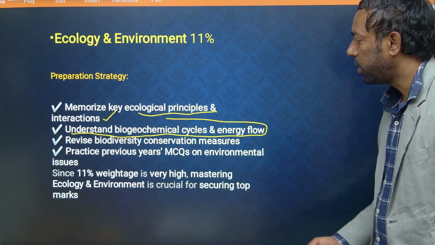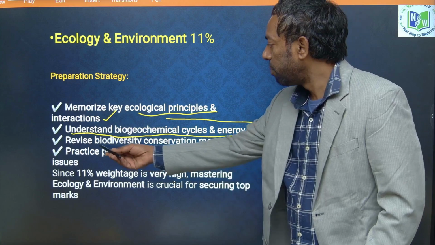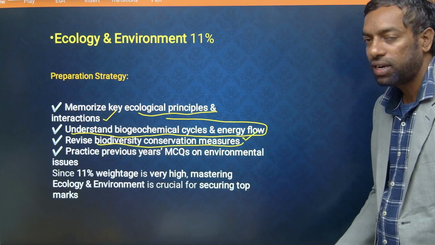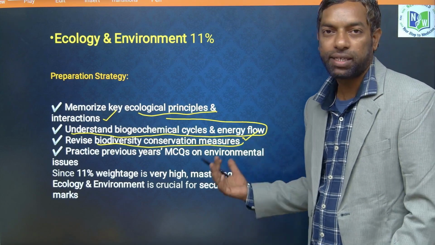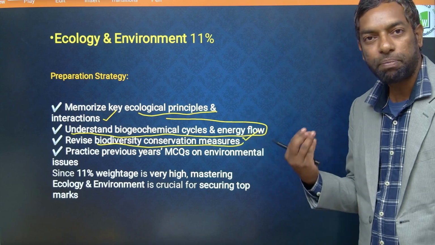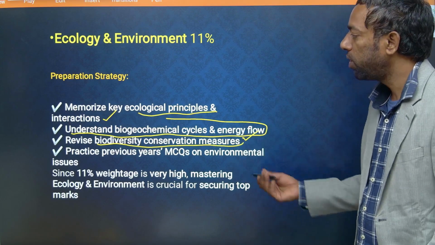Very simple, guys, but you have to go through this huge weightage topic. Biodiversity and conservation measures is the most important, recently innovative topic, and questions may not skip this topic. So just come across previous year questions, you may find questions like this on biodiversity.